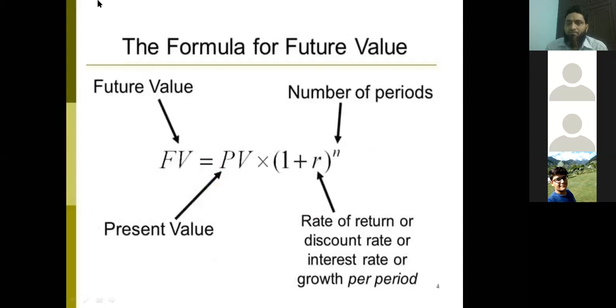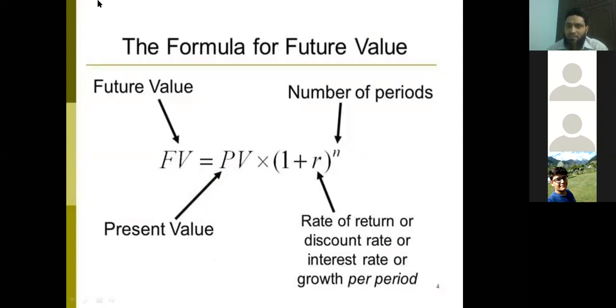Like this formula, which you have studied in compounding interest, future value you want to calculate is equal to present value. If you have notebook, you may write. You write in the notebook, present value, suppose you have 2000 rupees.